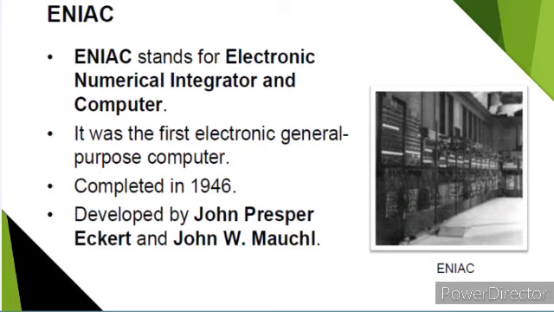The next device is ENIAC, where E stands for electronic, N stands for numerical, I stands for integrator, A stands for and, C stands for computer, so its full form is Electronic Numerical Integrator and Computer.